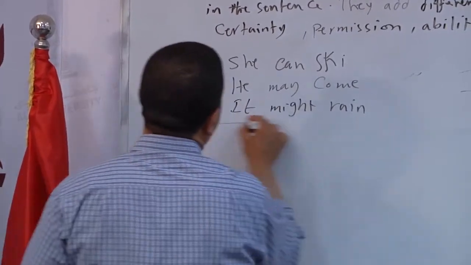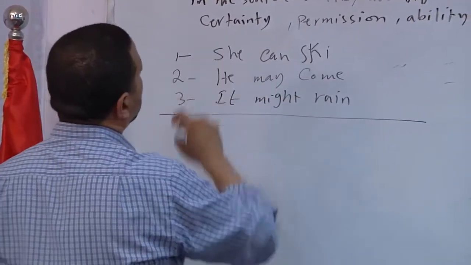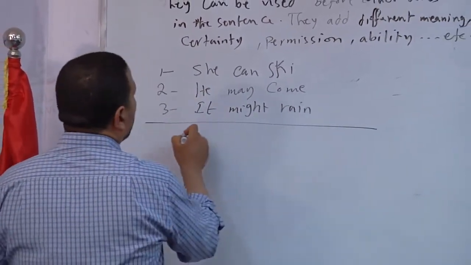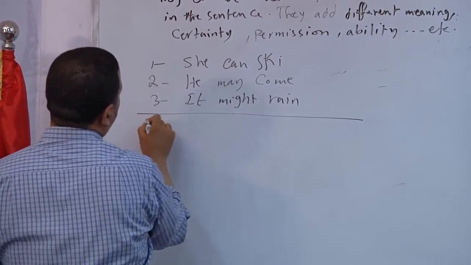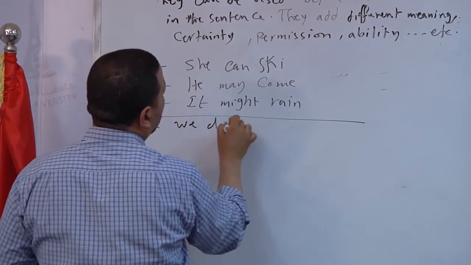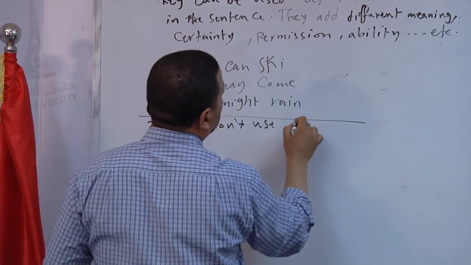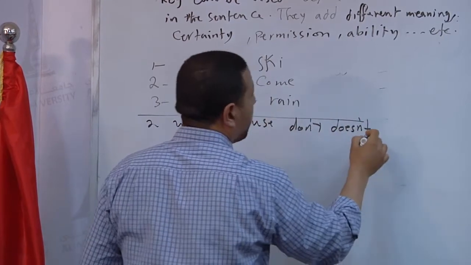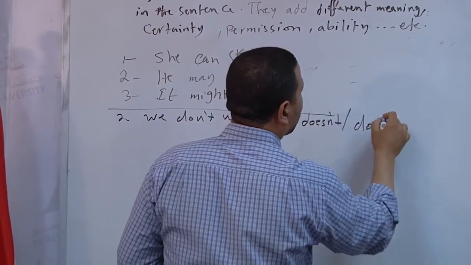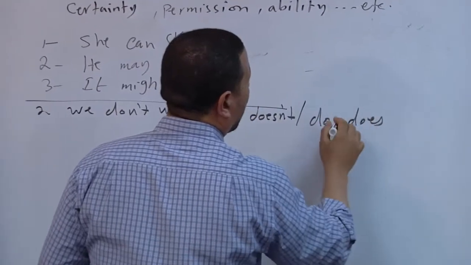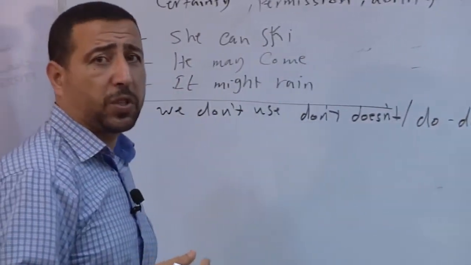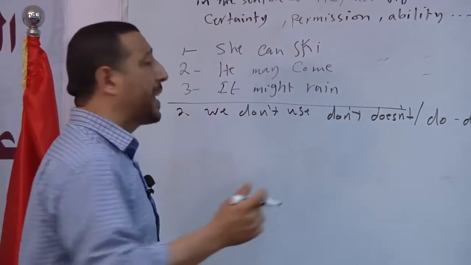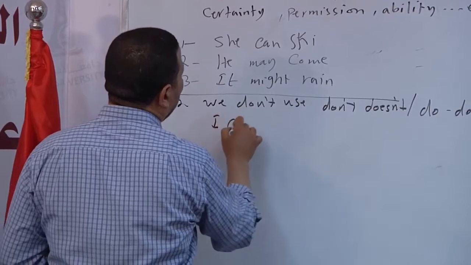Number 2, the second rule concerning modal verbs is that we don't use do, does, don't, doesn't in the negative and in the question. So we cannot say, for example, I don't can. No, we can say I can't.